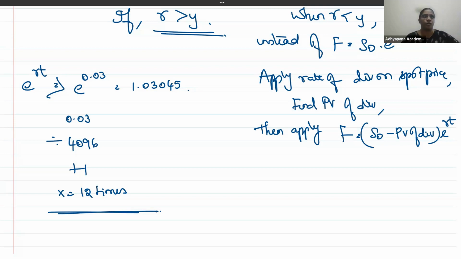So whatever is the E value, say 0.03, divide by 4096, which is a constant you have to remember, plus 1, then into equal to 12 times. 1, 2, 3, 4, 5, 6, 7, 8, 9, 10, 11, 12. 1.03045. Got it? So this is how you take the E value.